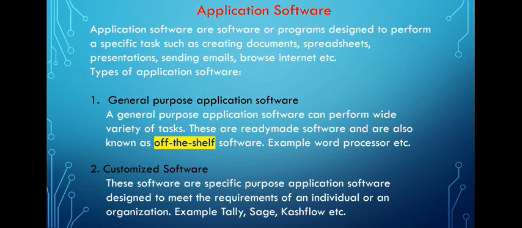So they don't do a wide variety of tasks. They do a particular type of task only. So examples are already given there: Tally, Sage, and Cashflow. So these are some examples of customized software.